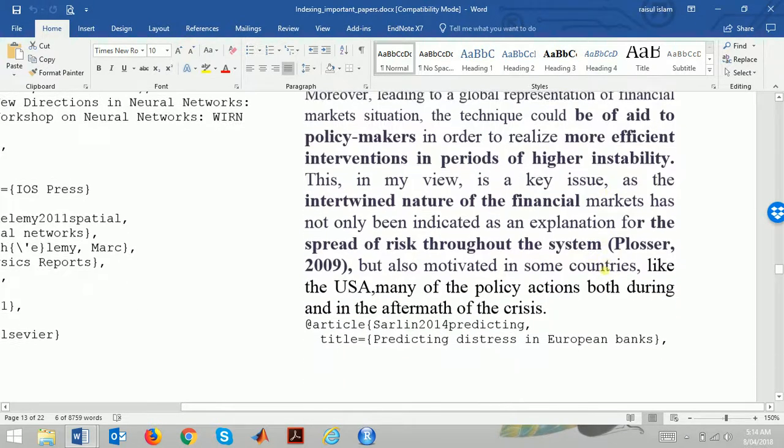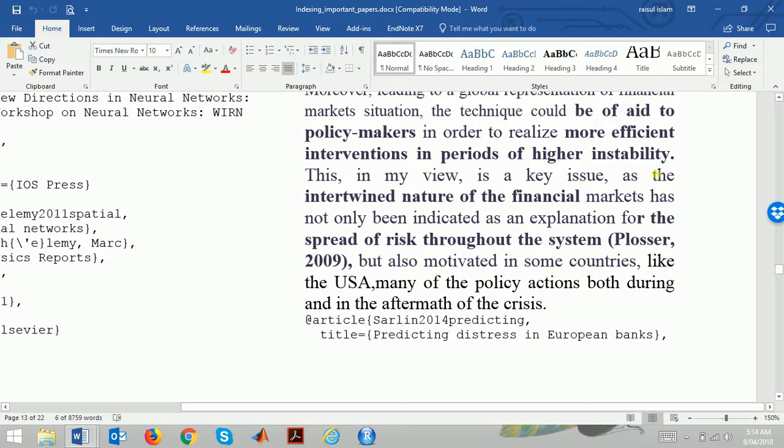This, in my view, is a key issue, as the intertwined nature of the financial markets has not only been indicated as an explanation for the spread of risk throughout the system, but also motivated in some countries.